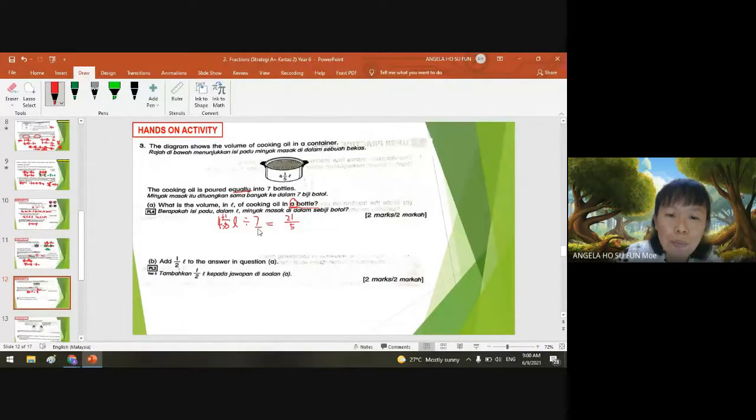This one put under 1. Change this one division become multiplication and re-inverse this become 1 over 7. Okay, 7 and 21. 7 times 1 is 7. 7 times 3 is 21. So 3 times 1 is 3. 5 times 1 is 5.